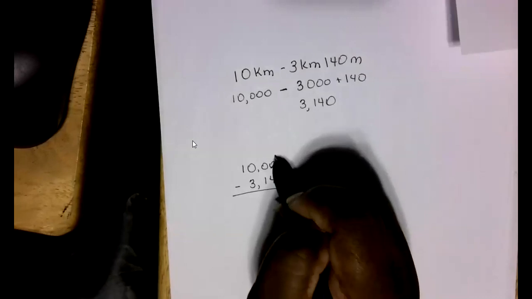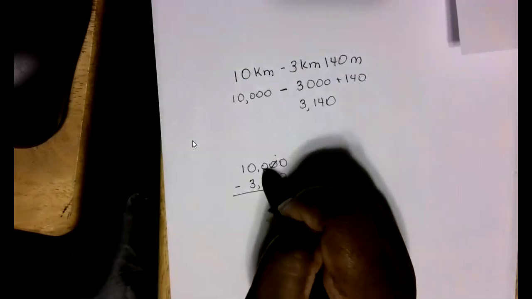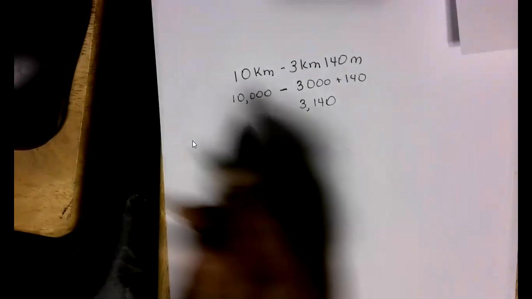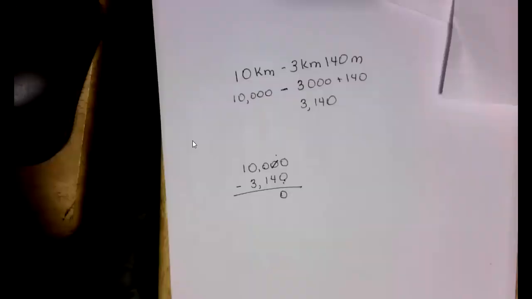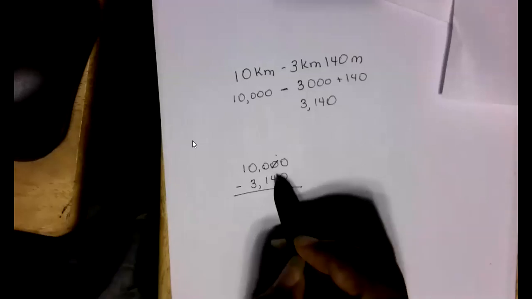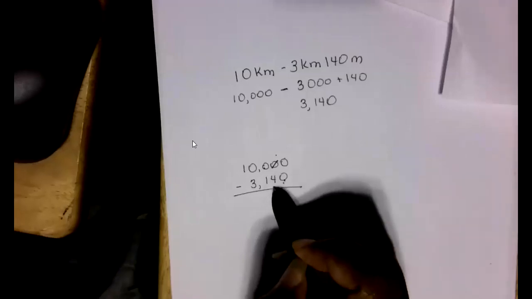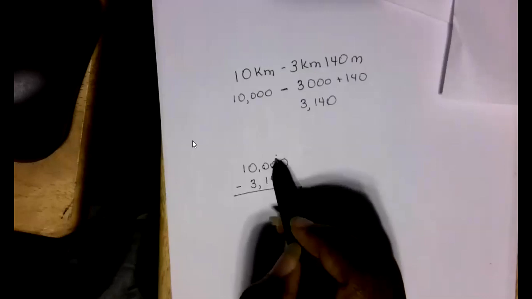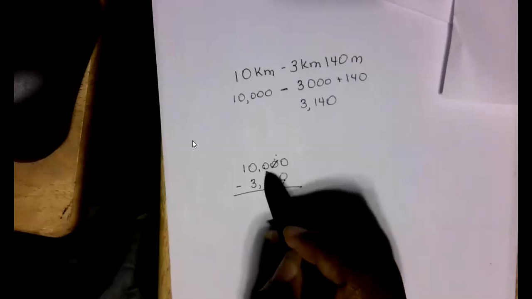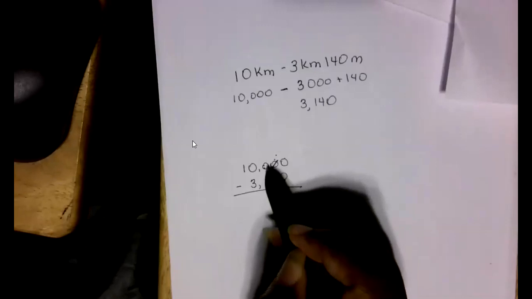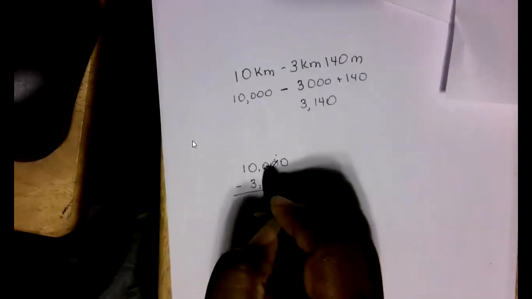So I need to unbundle the next one. I don't have one. So that means I need. All right. So I don't have enough in my 10 spot. So that means I'm going to have to borrow or unbundle. But when I look at my hundreds, I don't have any there. So I can't unbundle from there.